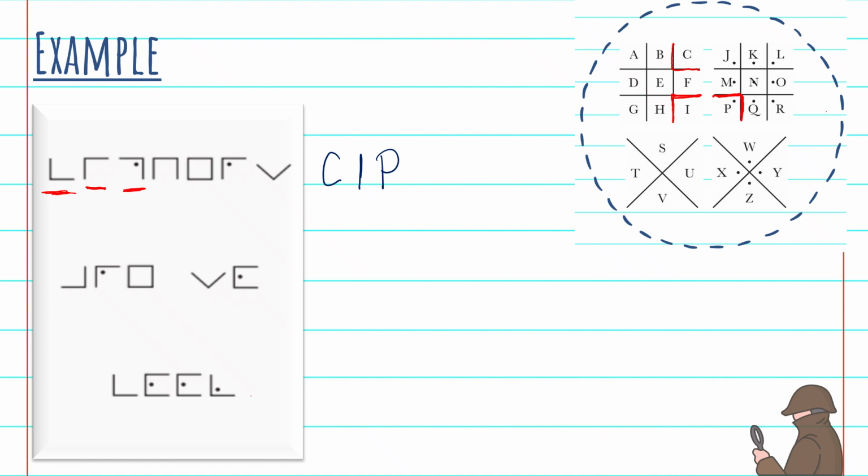Let's look for the next symbol right here. So it's going to be from the first tic-tac-toe, it's going to be the letter H. Now, the next one is a full-on square, which has no dot, so it should be from the first tic-tac-toe.